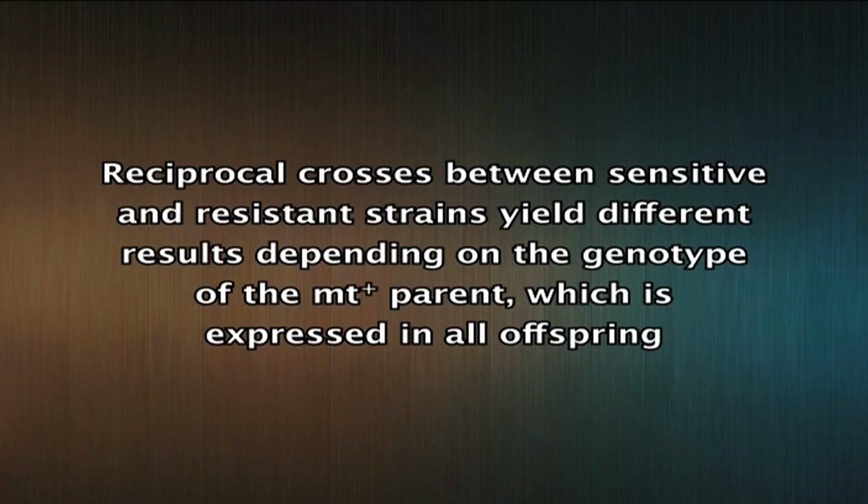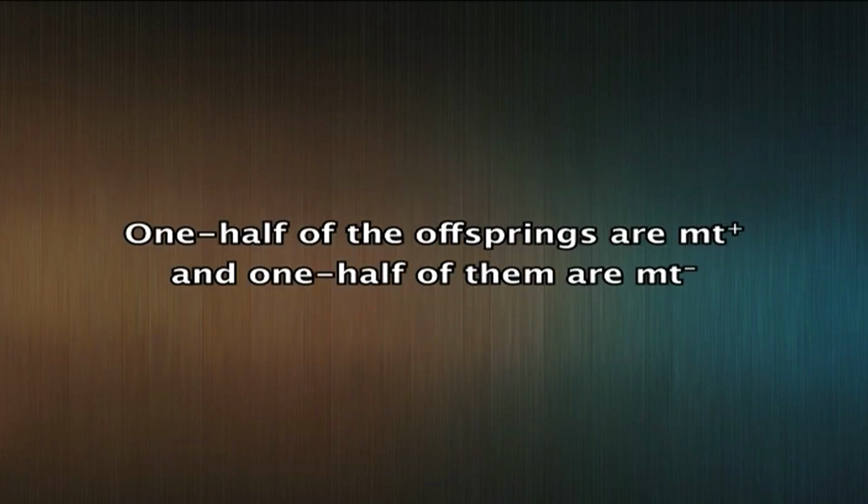Reciprocal crosses between sensitive and resistant strains yield different results depending on the genotype of the MT positive parent, which is expressed in all offspring. One half of the offspring are MT positive and one half are MT negative, indicating that mating type is controlled by a nuclear gene that segregates in a Mendelian fashion.